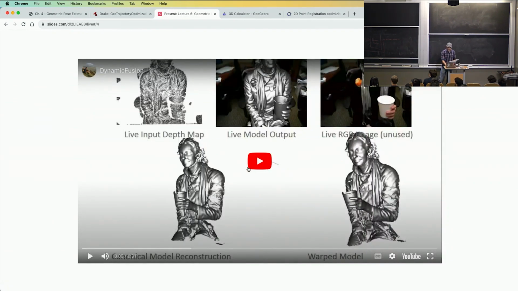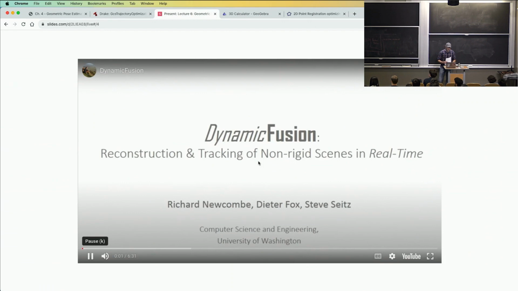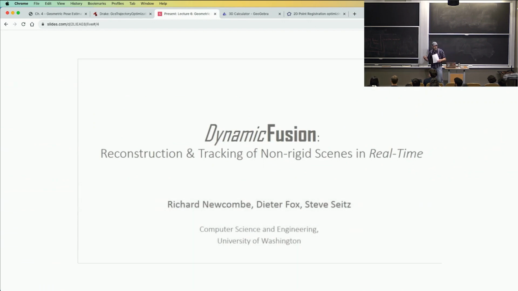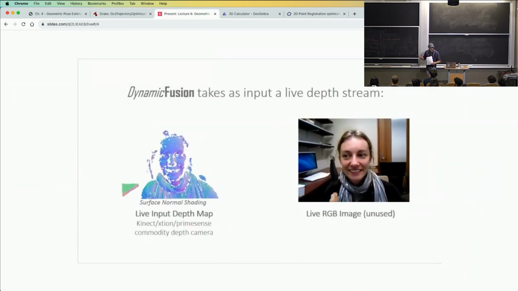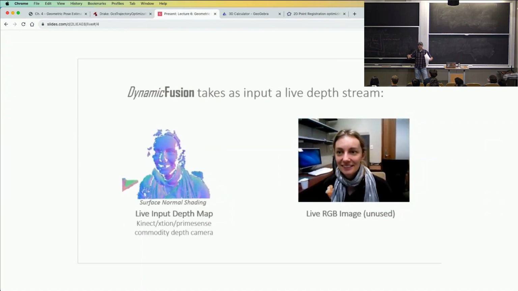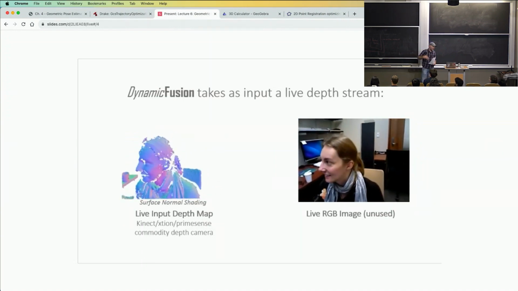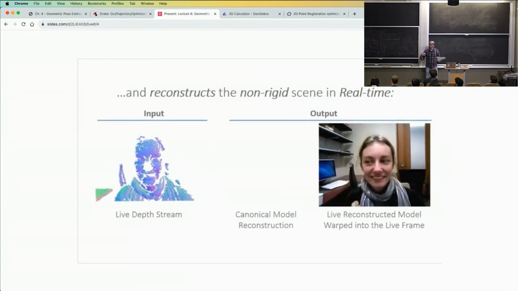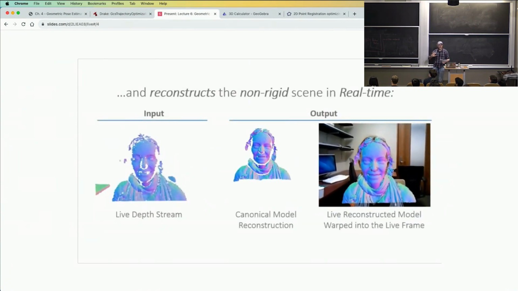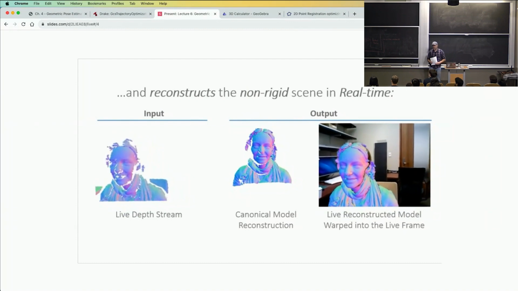Okay, this is even, I don't know, 8 years ago or something like this, dynamic fusion, where we started having algorithms that could run in real time and build instantaneous 3D reconstructions of the perceptions they were seeing and track people moving around, building sort of these beautiful 3D models.